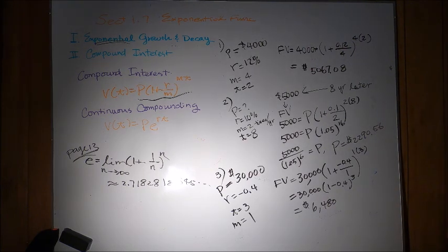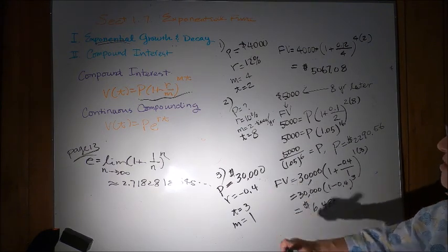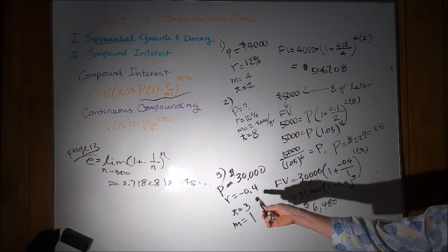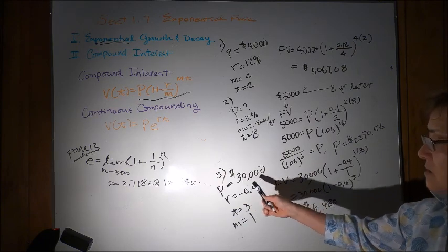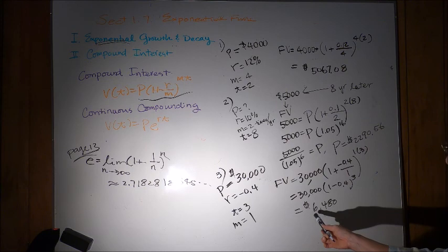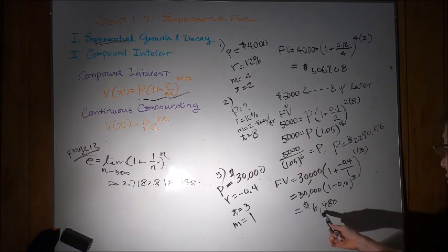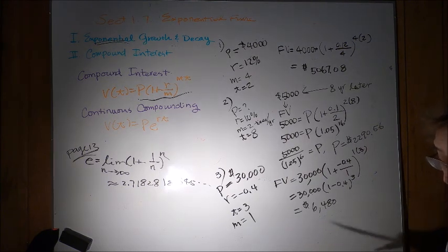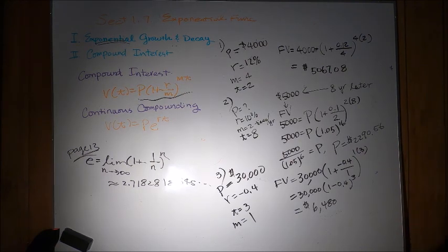Well, it depreciates fast, right? If it's 40%, when you bought it, it's $30,000. After 3 years, it will only be worth what? $6,000 or some amount. Got the idea?